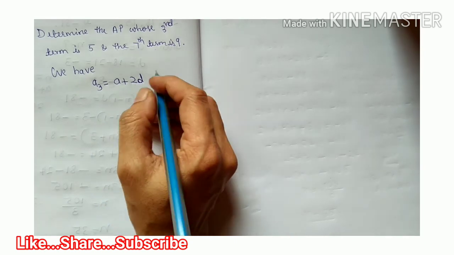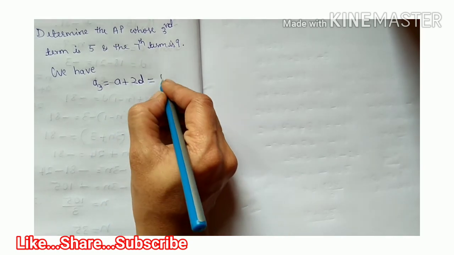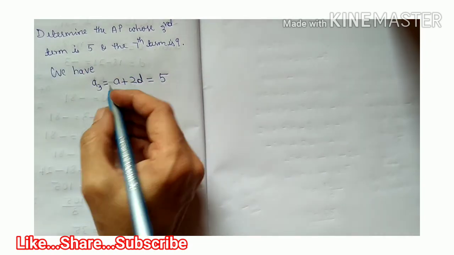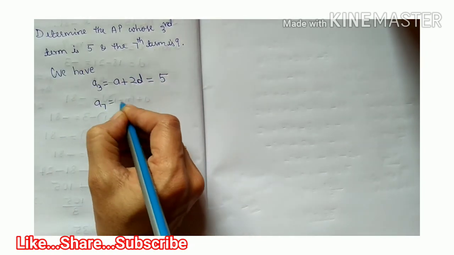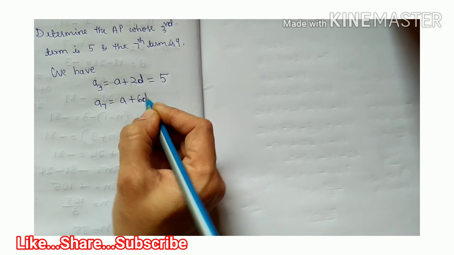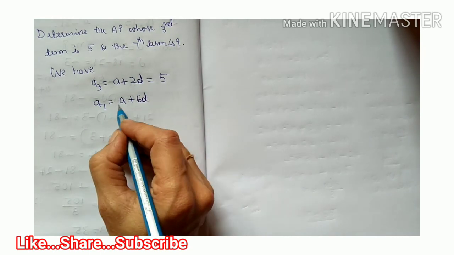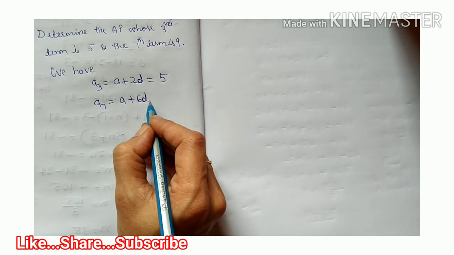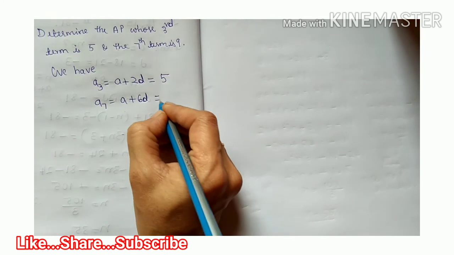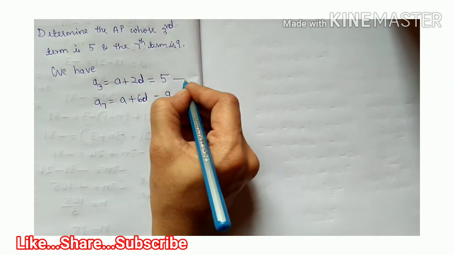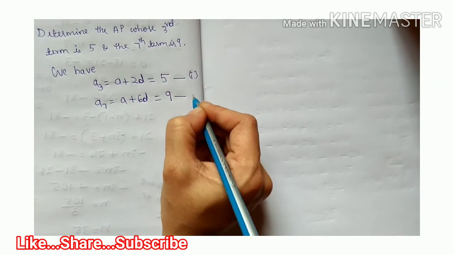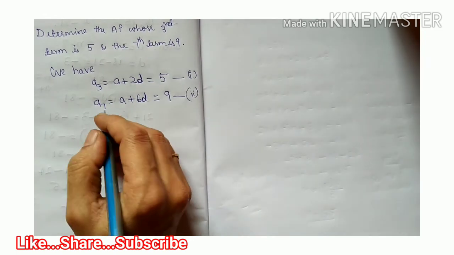A plus 2d is given as 5. The 7th term a7 is a plus 6d, a plus 7 minus 1 into d, and a plus 6d is 9. Equation number 1, equation number 2.